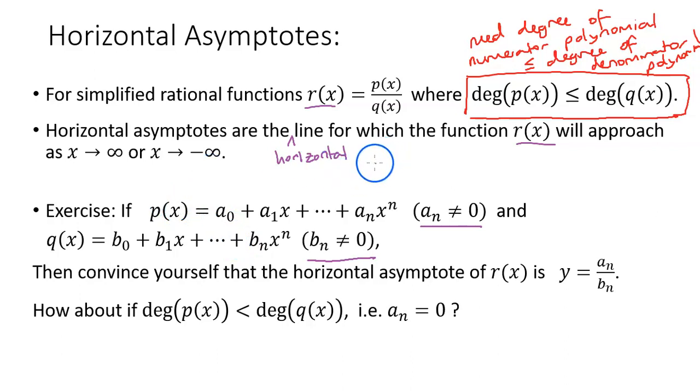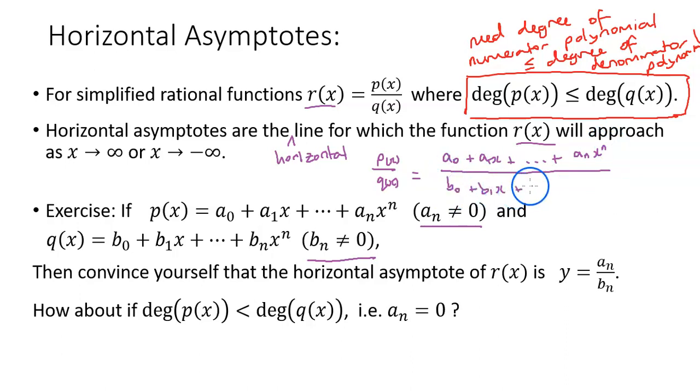Okay, well the reason is p of x divided by q of x is equal to, well, this thing divided by this thing: a0 plus a1x up to an x to the power of n, and then we're dividing by b0 plus b1x all the way up to bn x to the power of n.